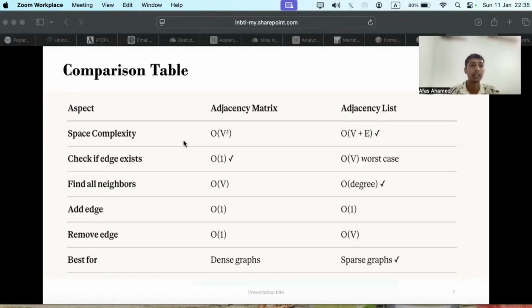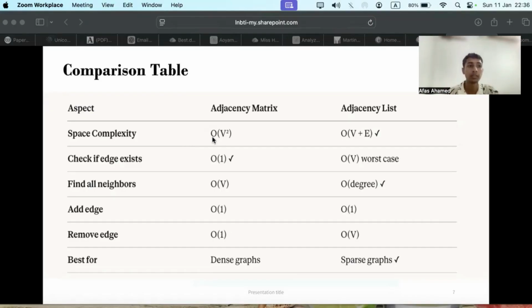The second one is checking if an edge exists. With a matrix, checking whether an edge exists is big O of 1, or constant time, because we directly access the cell. But with an adjacency list, we must search through the neighbor list, which is big O of V in the worst case.